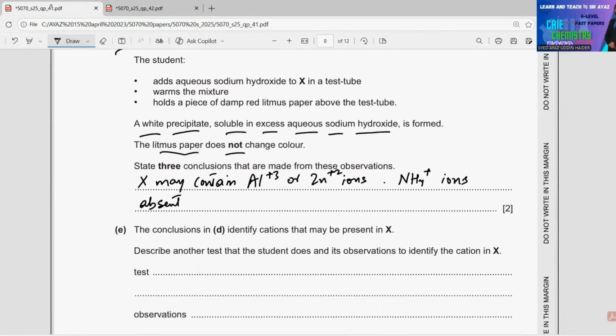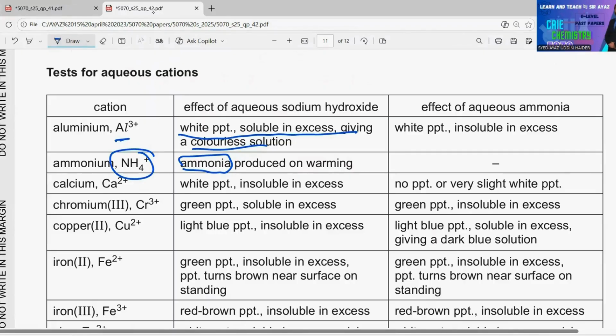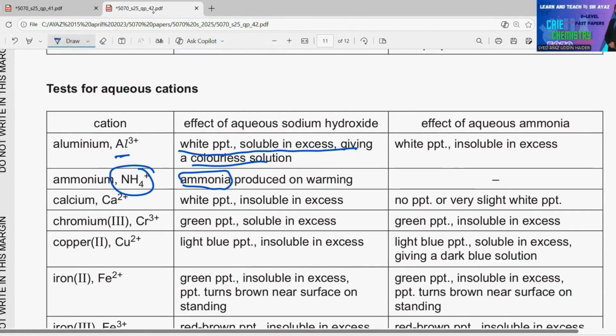Part E. The conclusions in D identify cations that may be present in X. Describe another test that the student does and its observations to identify the cation in X. In order to confirm the presence of the cation, we have to perform another test, that is aqueous ammonia.